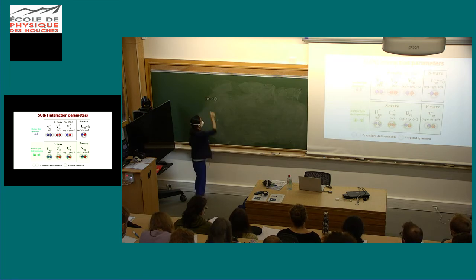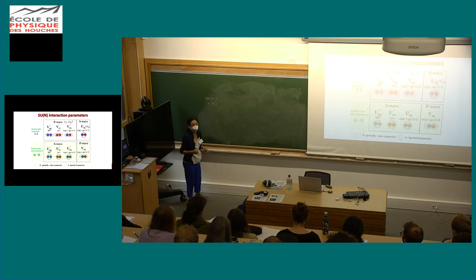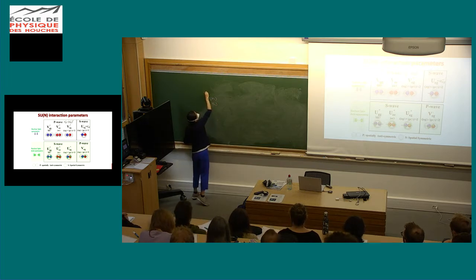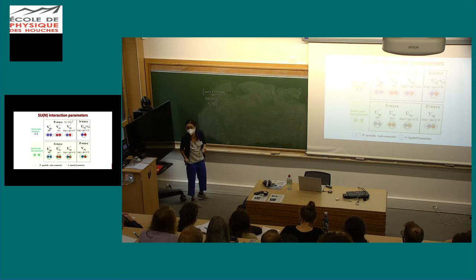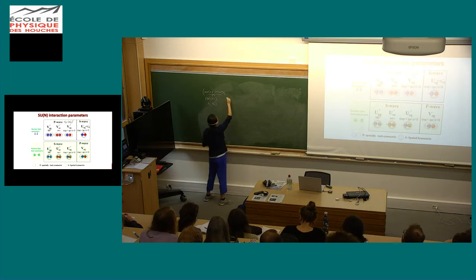For instance, it can be, for example, 9/2, 9/2. I don't care because the SU(N) interactions are independent of the nuclear spins. The only thing that I care is that this is symmetric. So it can be mm, or it can be (mn plus nm) divided by 2. Any type of these kind of effective triplets is what I care about. So if I have 2 atoms in a symmetric nuclear spin wave function, then I have 2 possibilities. So this is the nuclear spin.